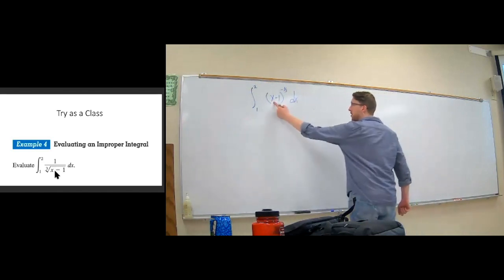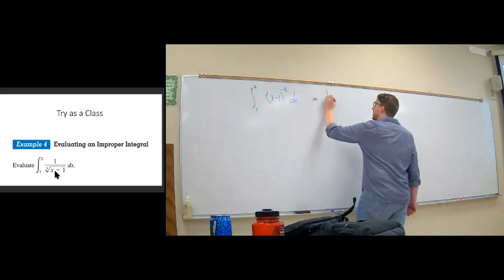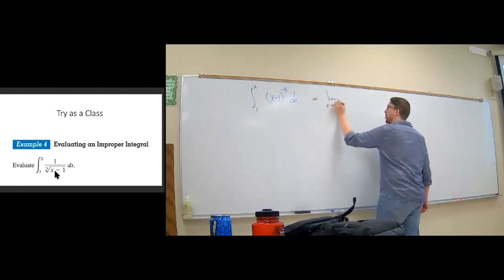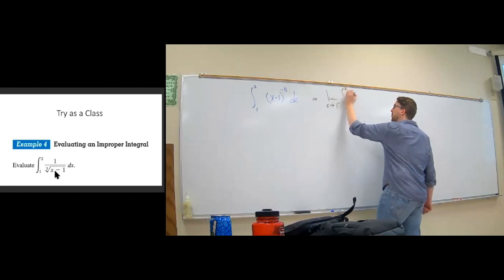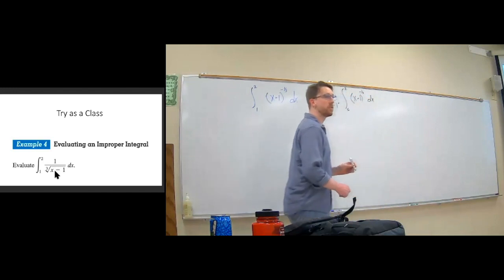since we have a discontinuity at our lower bound, as the limit as C approaches 1 from the right of the integral from C to 2 of everything we have originally, the quantity x minus 1 raised to the negative 1/3 power integrated with respect to x.